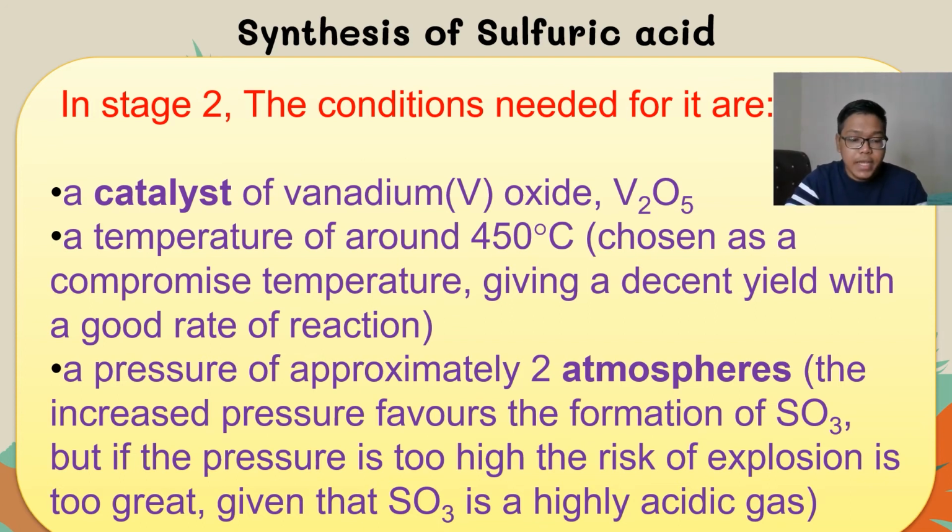A pressure of approximately 2 atmospheres: the increased pressure favors the formation of sulfur trioxide, but if the pressure is too high, the risk of explosion is too great, given that sulfur trioxide is a highly acidic gas.